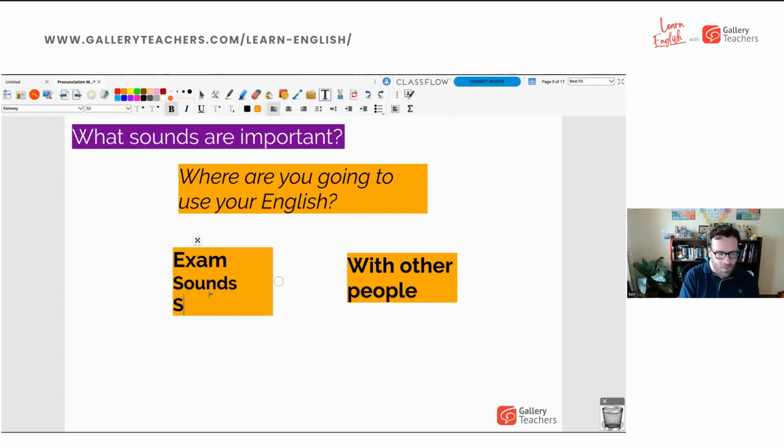So you get sounds, stress, intonation, and that's really it. Okay, in a Cambridge exam, you get marks for sounds, stress, and intonation. And it has to be generally correct. Okay? Not make mistakes.